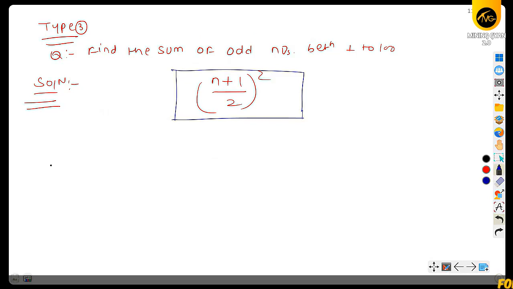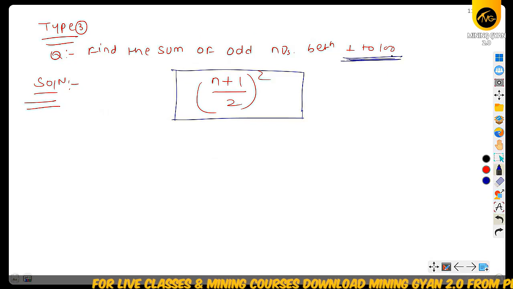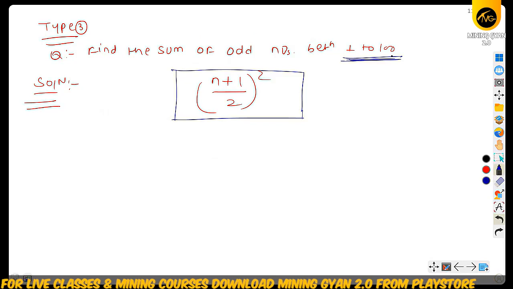So we have to consider what the highest, or we can say the last, odd number is. So what is the last odd number between 1 to 100? Okay, tell me, what is the last odd number between 1 to 100? Just tell me the answer. Correct.